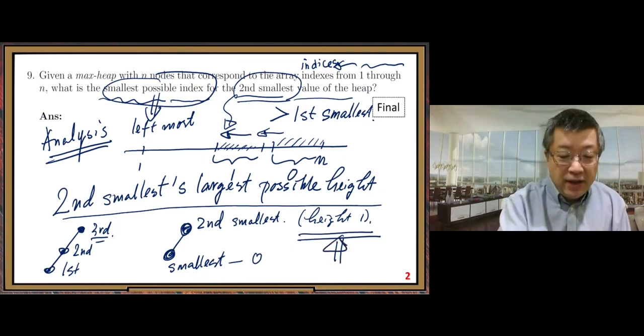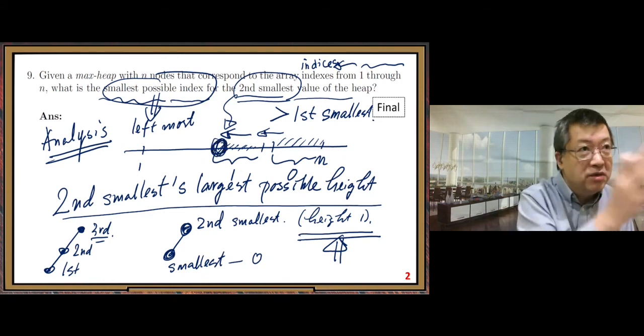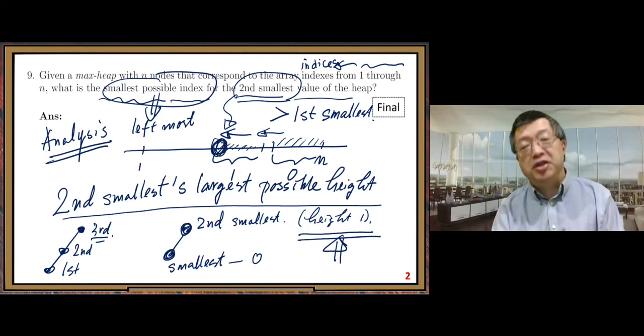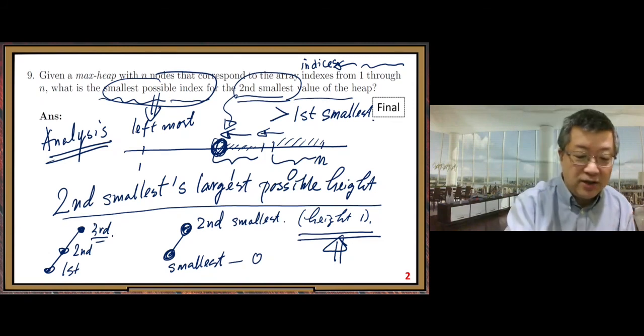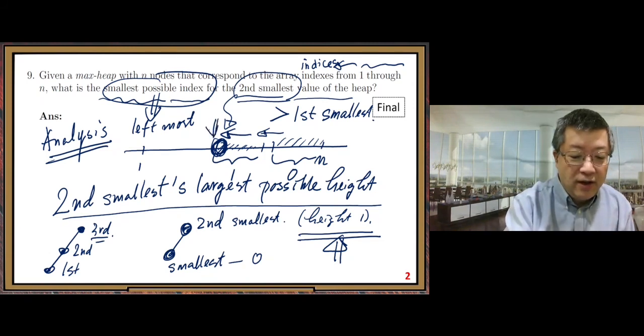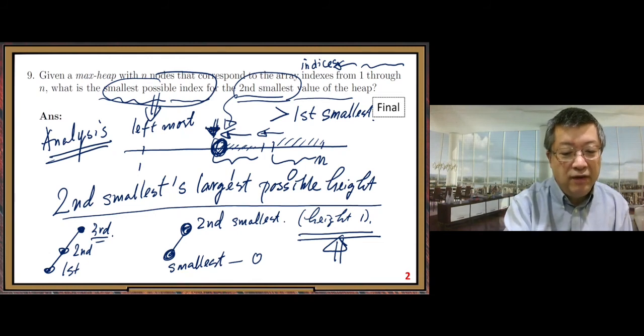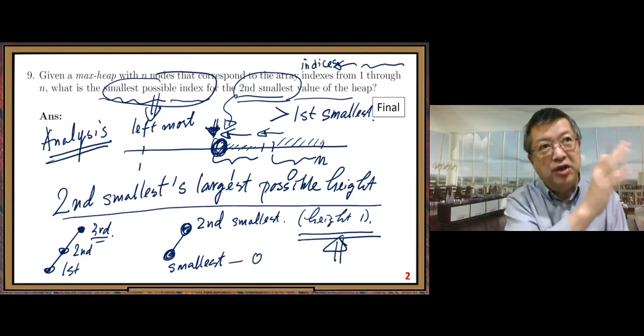Then in segment height 1, what is the smallest? What is the leftmost position number, index number? That's your answer, okay? In height segment 1, what is the leftmost position number?